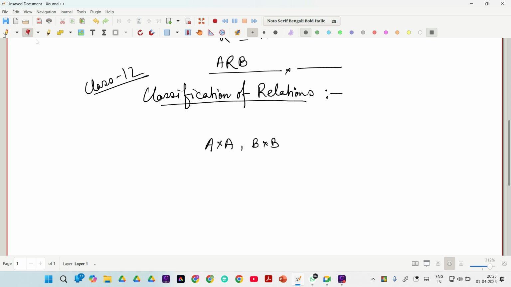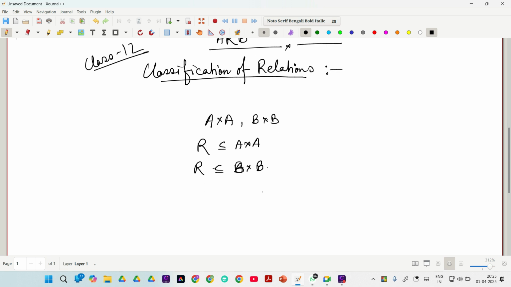So when we classify the relations, we take R as a subset of A cross A or B cross B, like that. Okay, so now I am classifying the relation.